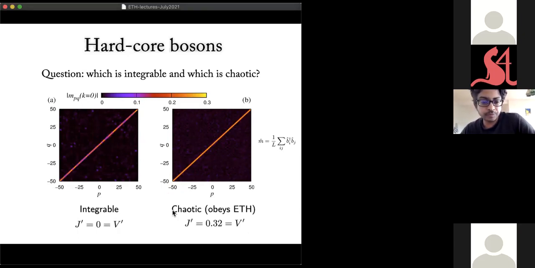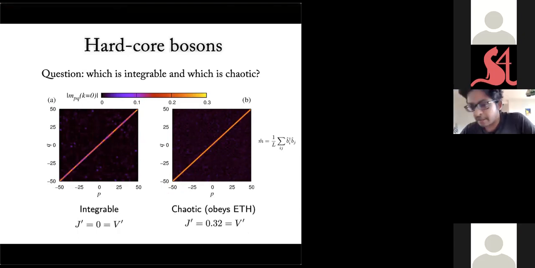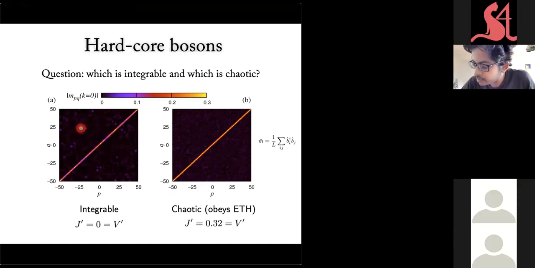One more thing is that if you look very closely, some of the off-diagonal elements are of the same order as the diagonal elements in the integrable case, and some of the off-diagonal elements are exactly 0. This is a characteristic of integrable systems.